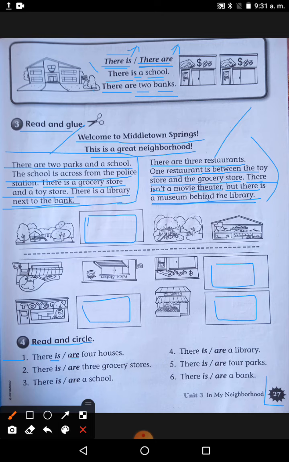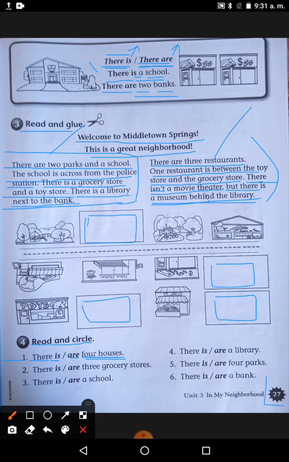Here I'm going to give you an example too. There are 4 houses. So look at the predicate here, the complement. So how many houses are there?